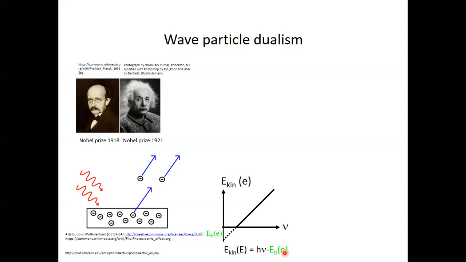Now the most straightforward interpretation of this is to assume that the electromagnetic radiation is associated with a particle. And because it's associated with a particle, the quantization of the electromagnetic radiation or its energy is explained, because particles can only come in integer numbers.